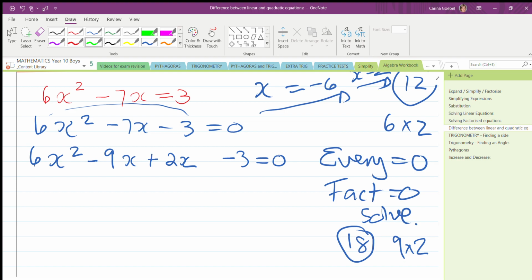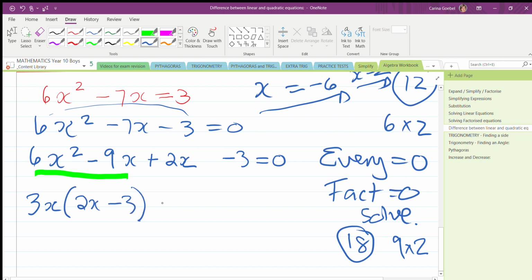Then we are going to factorize the first two terms by taking out a common factor. Okay, so there is a 3 common and an x, so you have left 2x minus 3 plus, there is a 1 common, so that means you've got 2x minus 3 equals 0.